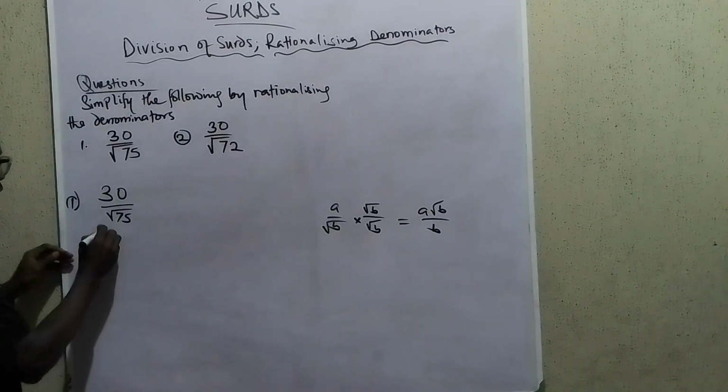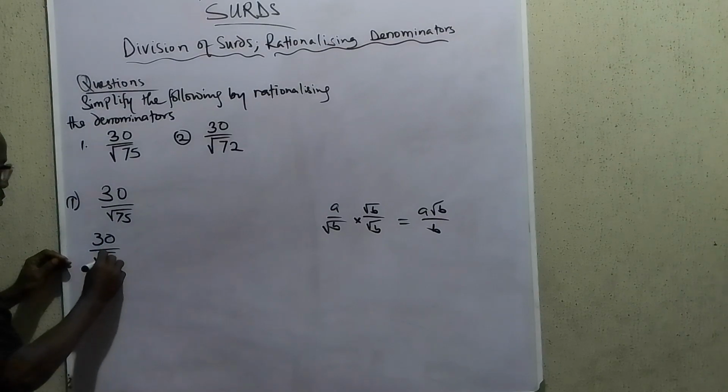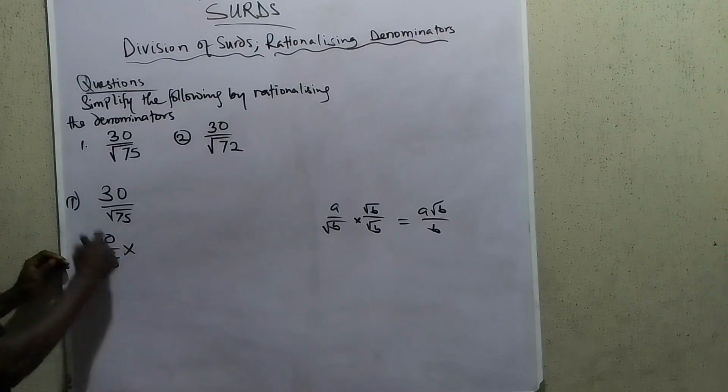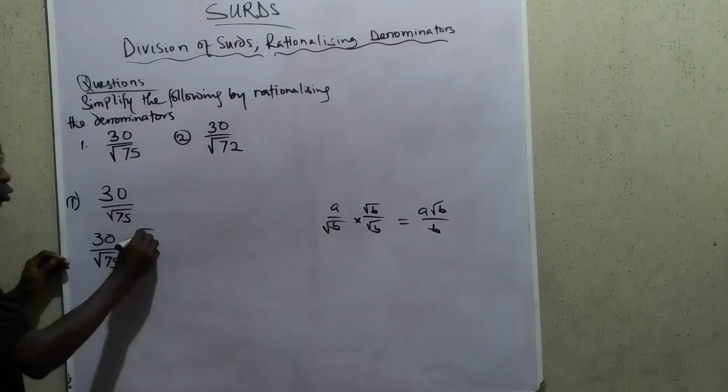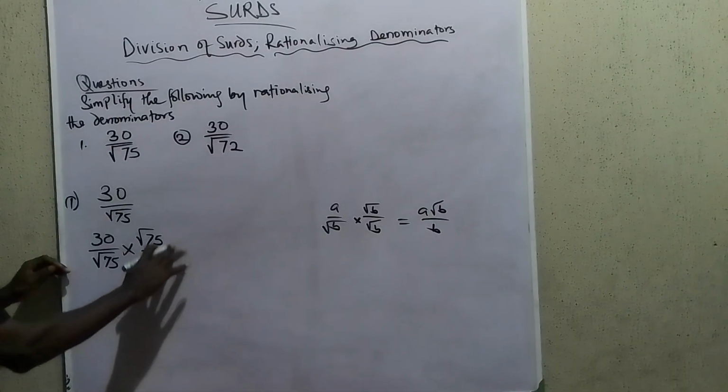So that will mean it's going to be 30 all over root 75. And how you do that is multiply both the top, the numerator, and the denominator by the surd of the denominator.